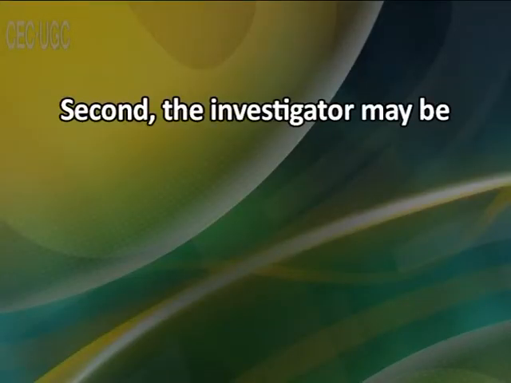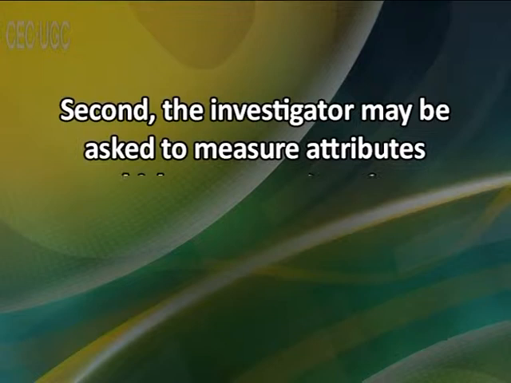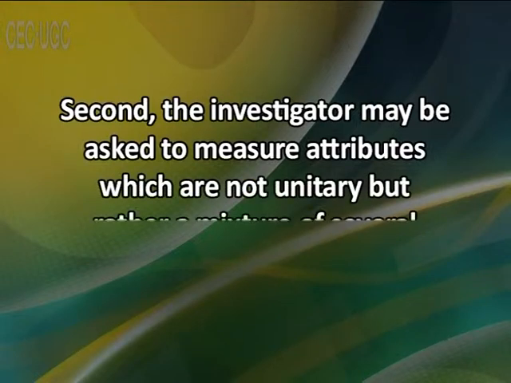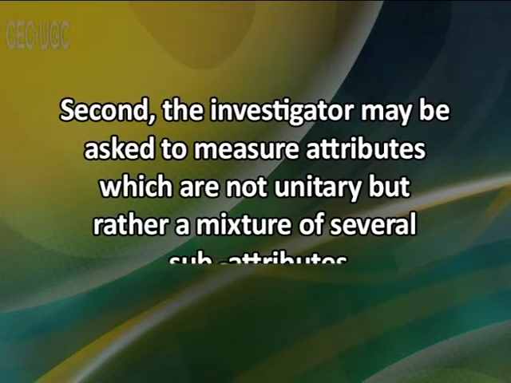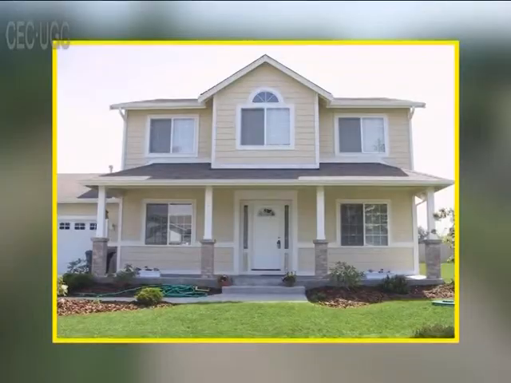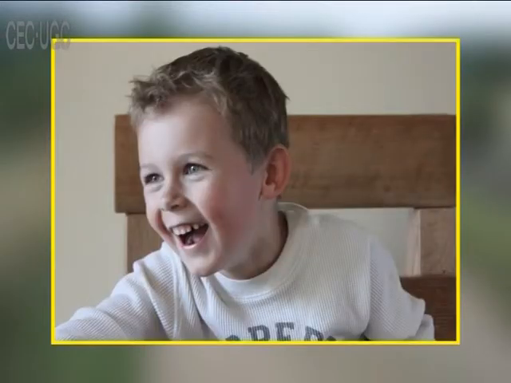Second, the investigator may be asked to measure attributes which are not unitary but rather a mixture of several sub-attributes. Usually, this happens when one is asked to measure personality, adjustment, etc. Adjustment may relate to home, school, emotions, etc., each of which requires a separate measurement, and any attempt to measure them together may create difficulty.